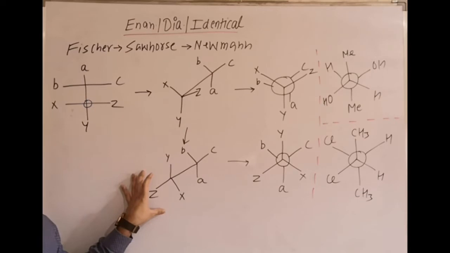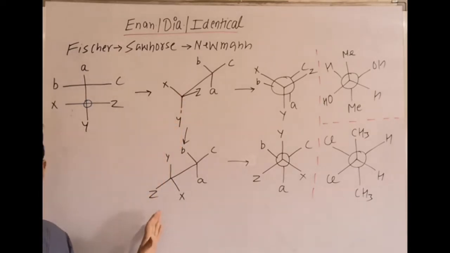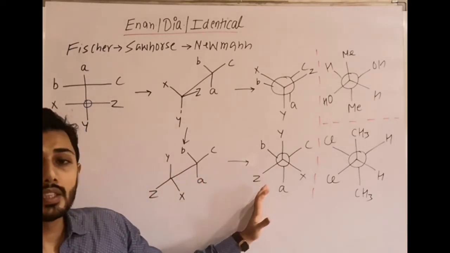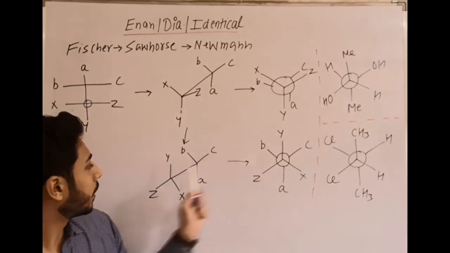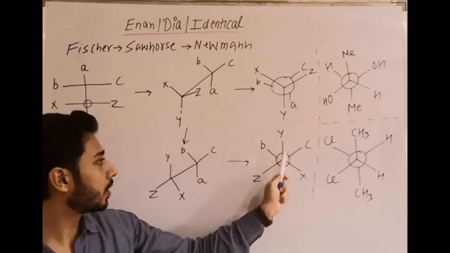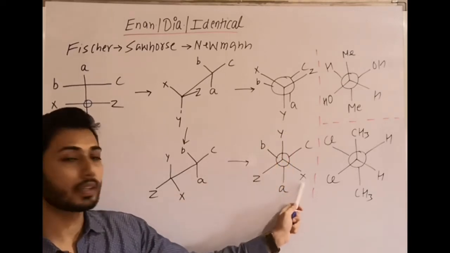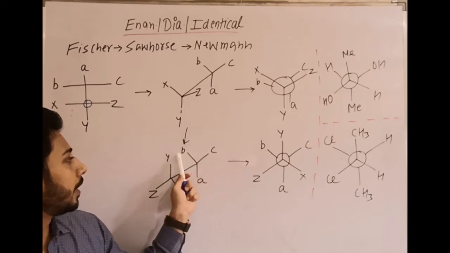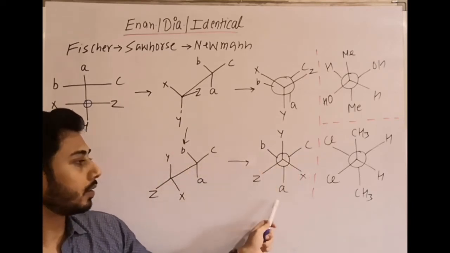This is the staggered form in Sawhorse, in which, if you remember, we have done the bond angles around 60 degrees. So we can write it in Newman also. Front carbon above Y, left side Z, right side X. Back carbon fixed, right side C, left side B, and A.